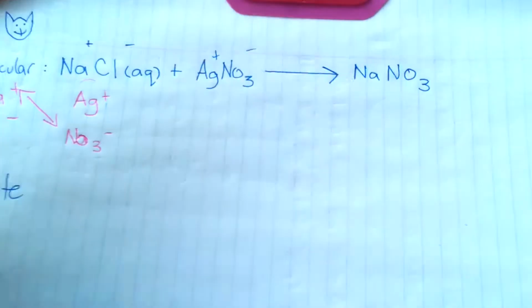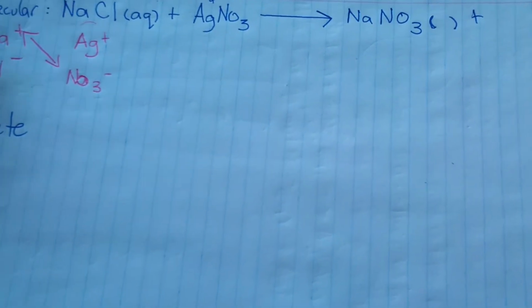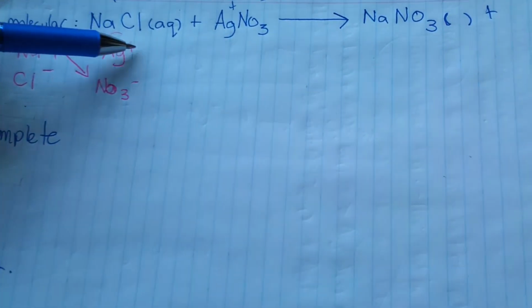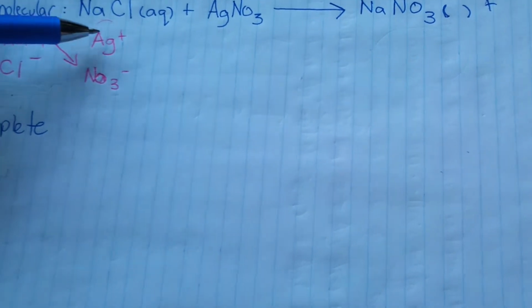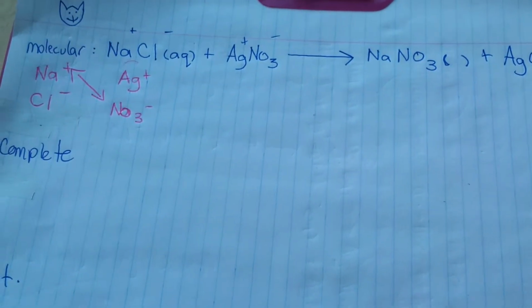Okay, so we know we have NaNO3. We don't know what the phase is yet because we haven't looked at our solubility table yet. So we have NaNO3, and that just leaves AgCl, silver chloride. And again, we don't know the phase yet, but that is where our solubility table comes in.